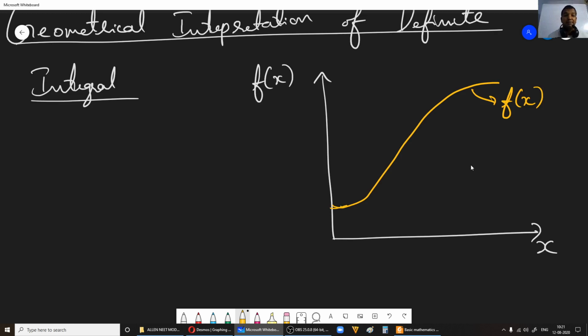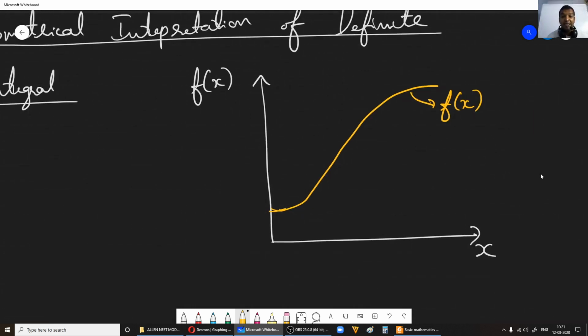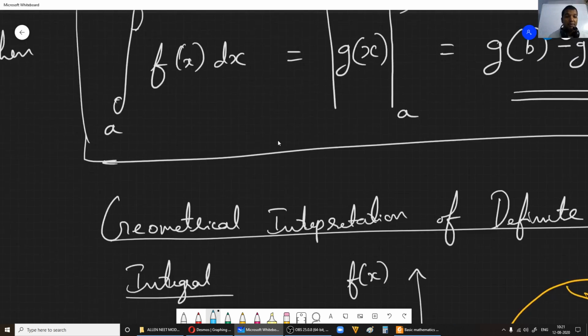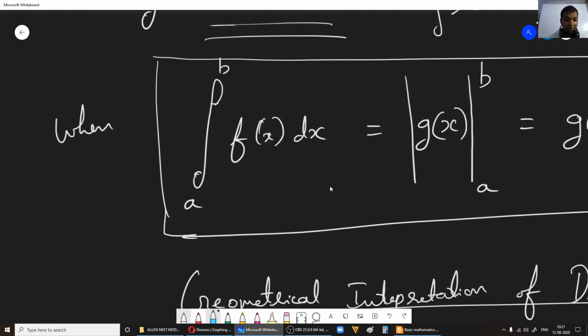Now what this definite integral actually means is, we will say between the limits x is equal to a and x is equal to b. These are basically the values of x. You are integrating with respect to x, right? When you write dx, it tells you that you are integrating with respect to x.